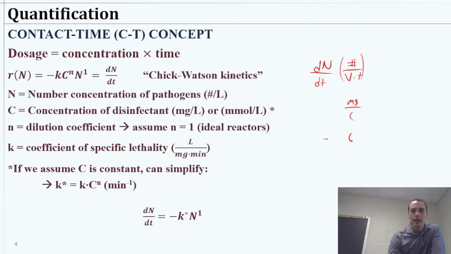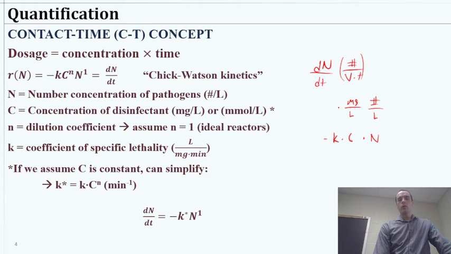The K, we'll check what units that needs to be. And then the N is number of pathogens per liter. I said milligrams per liter for C. So we have milligrams per liter and pathogens per liter multiplied here, and what we want ultimately is number per volume per time.